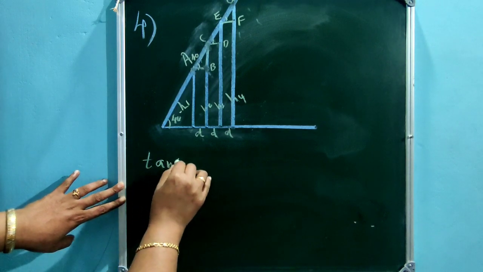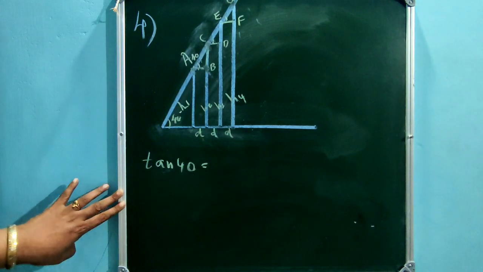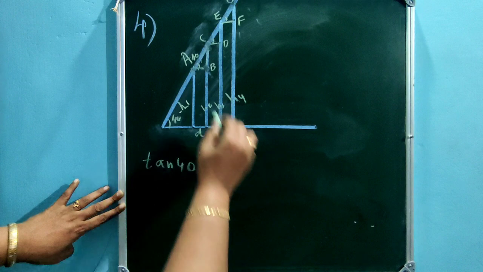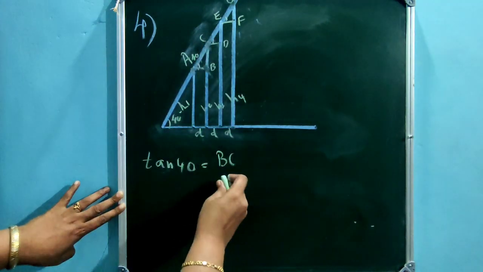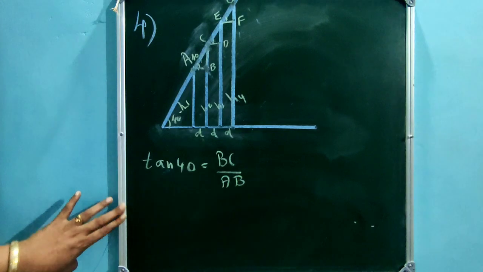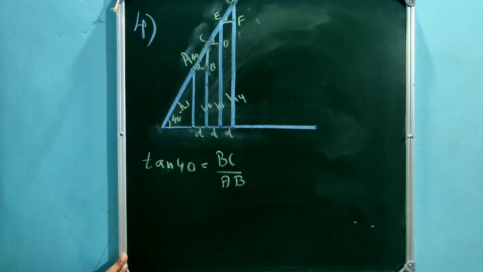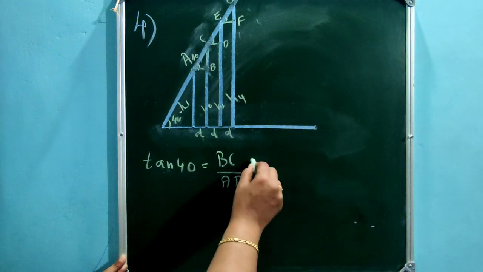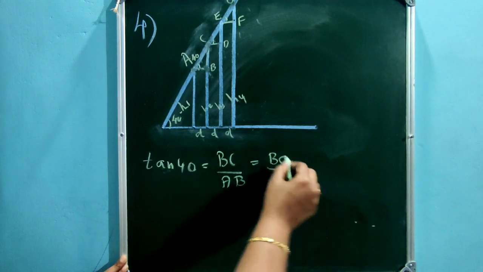What is tan 40? Tan 40 is equal to opposite side by adjacent side, that is BC by AB. What is AB?